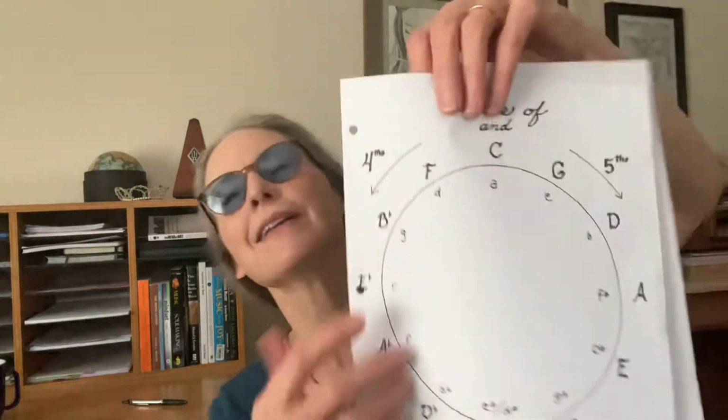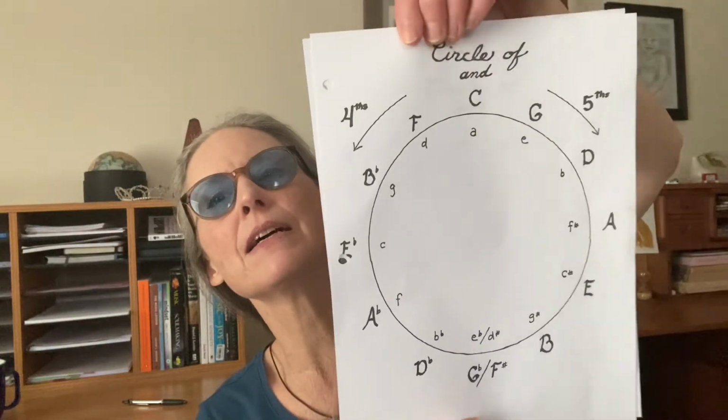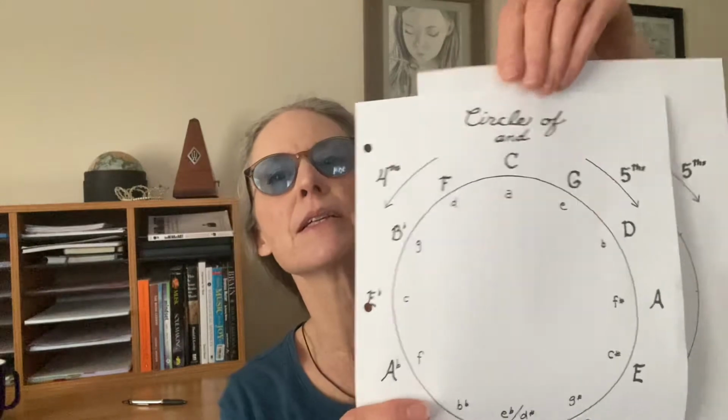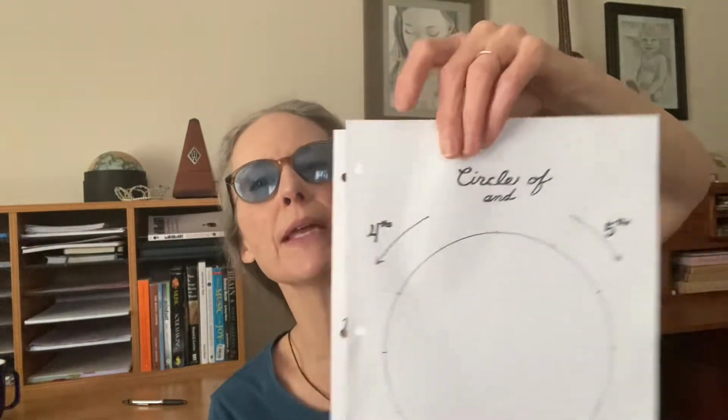And then another whole workshop on the circle of, well, that's the empty one. There's the circle of fifths I have that's basically filled out, and then there's the blank one. And in that workshop, you will learn how to very easily make your own circle of fifths. If you're interested in that, pay attention to the pattern BEADGCF.